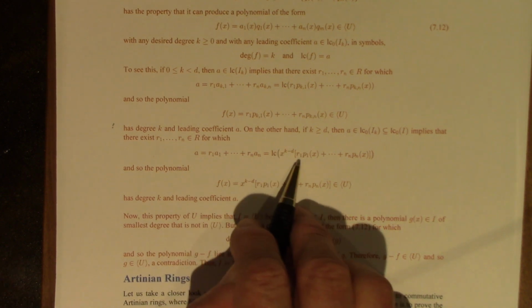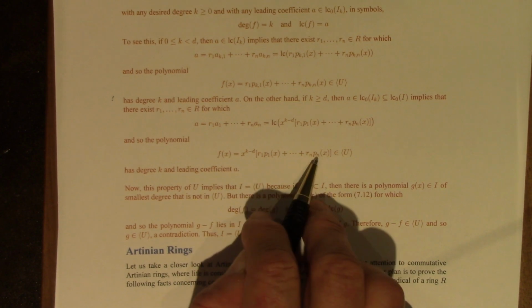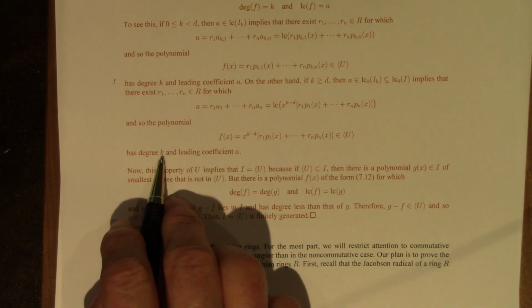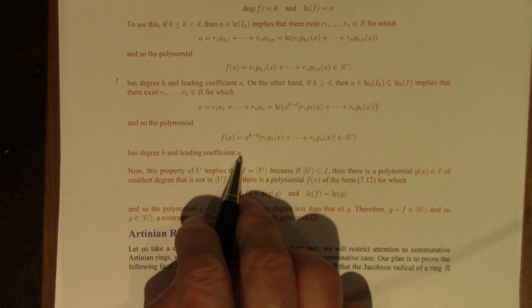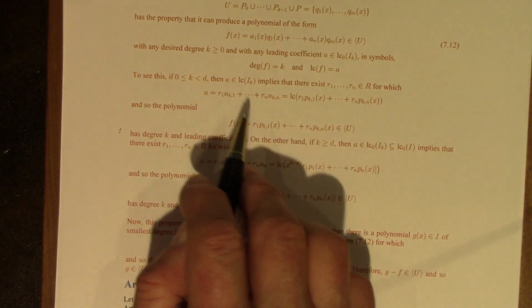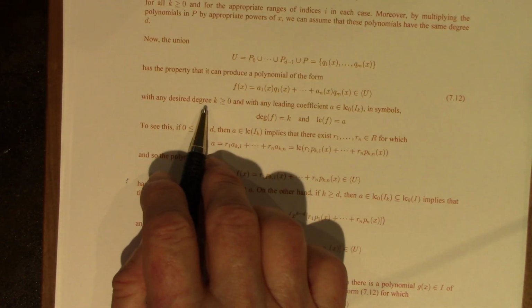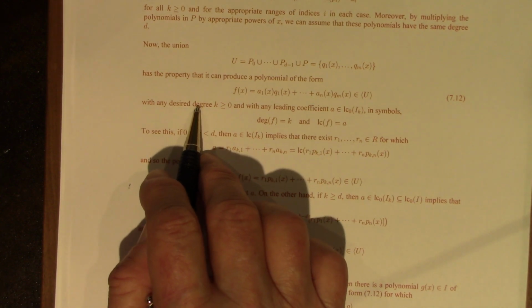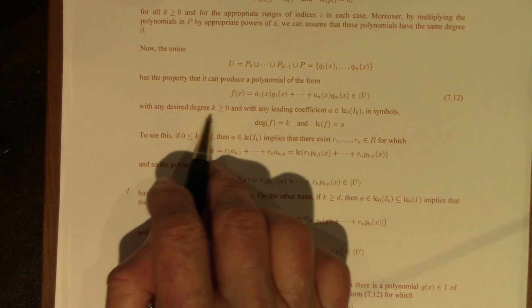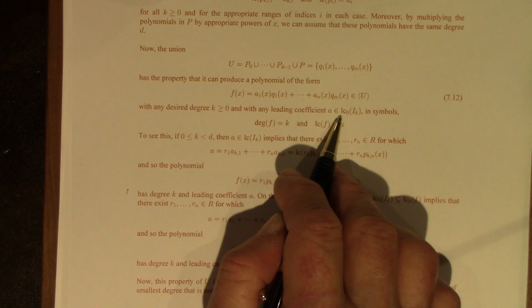I need this to raise the degree to degree d. So this polynomial has degree k and leading coefficient a. So this set U has this special property of being able to produce a polynomial of a desired degree with a desired leading coefficient.